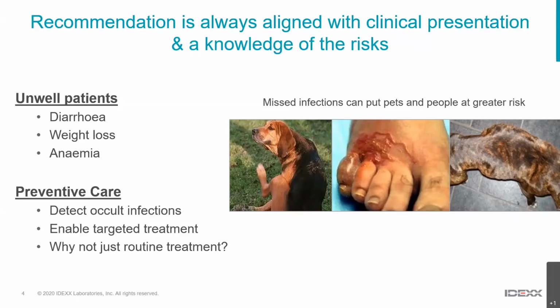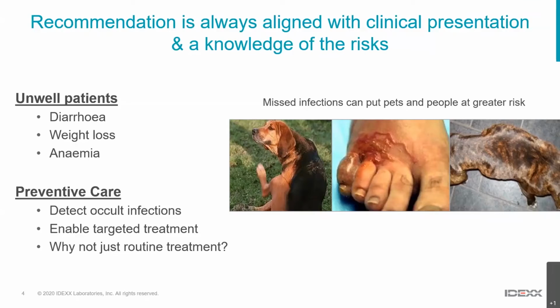At times, patients that are losing weight, or from a young patient perspective, patients that aren't gaining weight at the rate we would expect, we need to check for parasites and rule those in or out in this setting. Whilst it might seem an odd one, putting anemia here, it's important when we consider some of the parasites, like hookworms or whipworms, that they can be a potential cause of anemia.